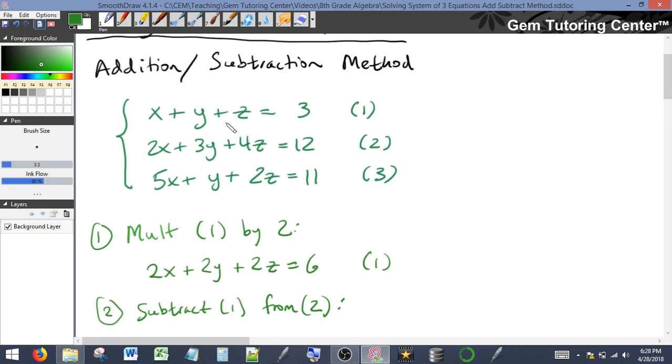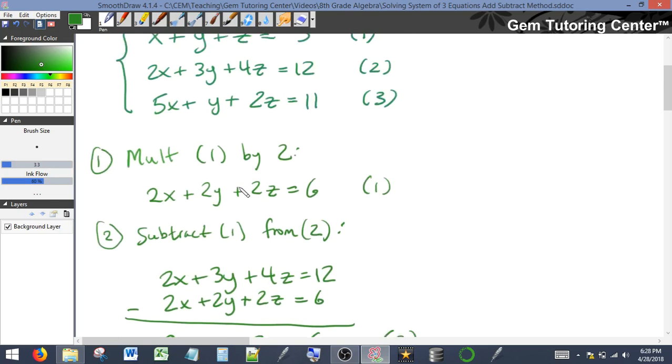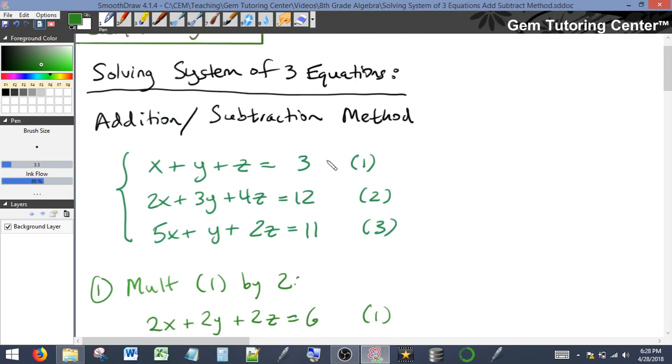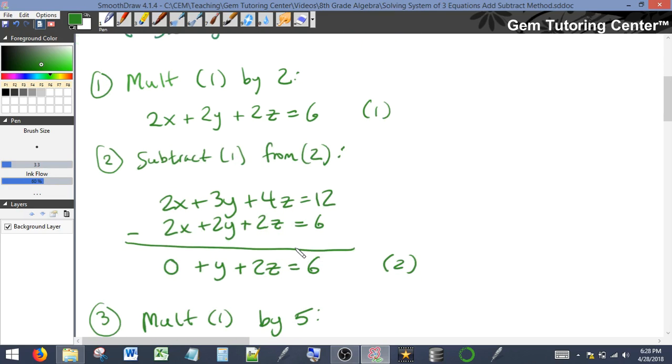Between equation 1 and 2, we eliminated x, and we were left with an equation that has just y and z in it. Now we want to pair equation 1 with equation 3 and see if we can get an equation that has only y and z in it, so that we can pair those two y and z equations and then solve for y or z.